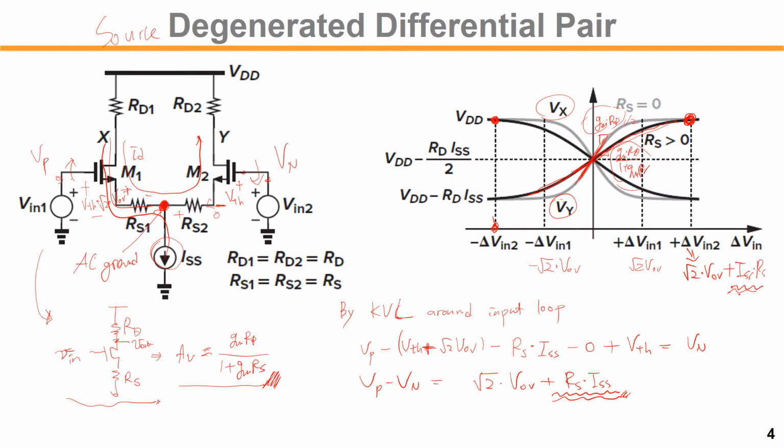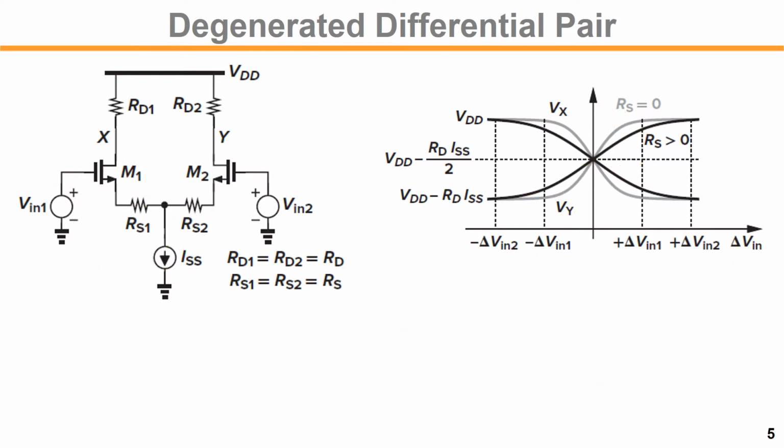I'm going to ignore that fact. What you have to remember is that source degeneration gives us a larger input amplification range by ISS times RS, and then we have the reduced AC gain like that.